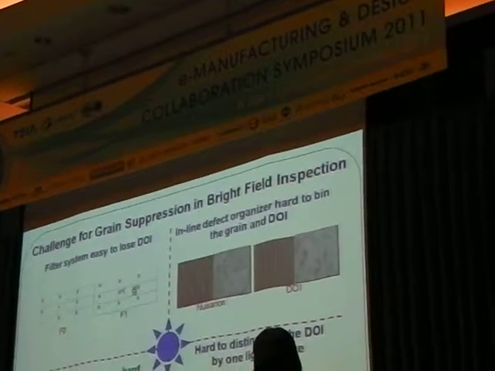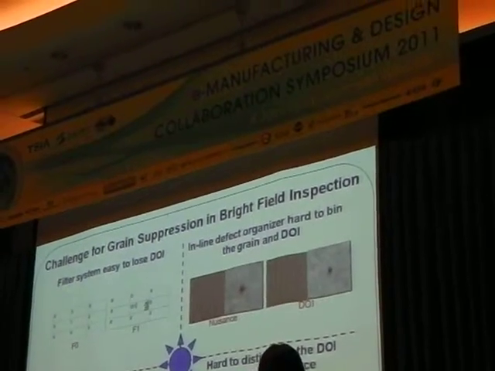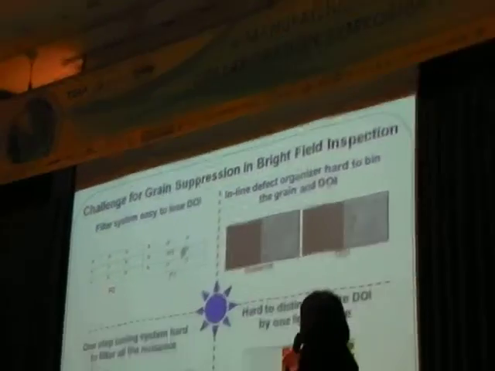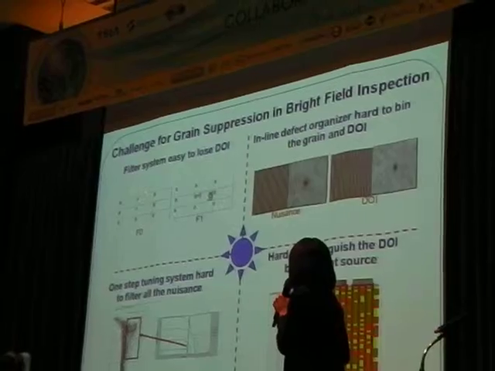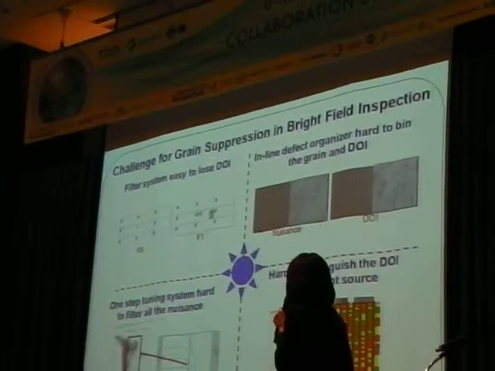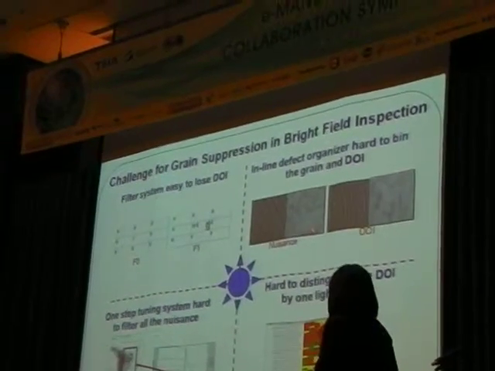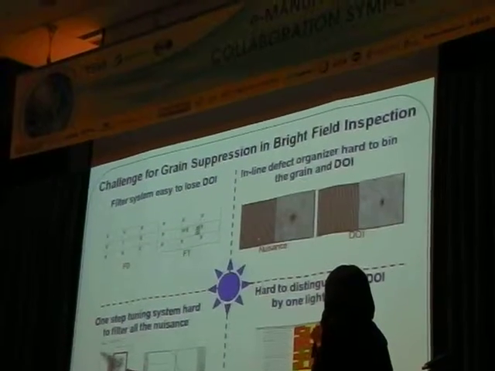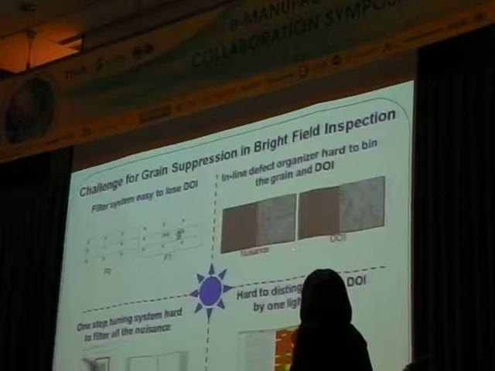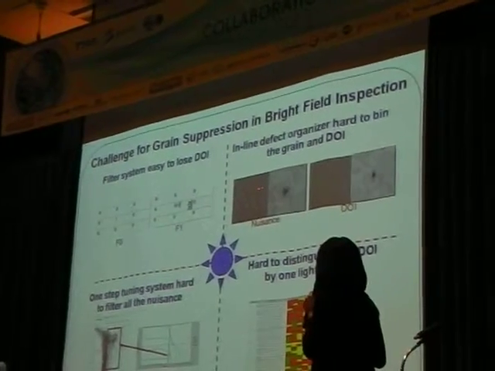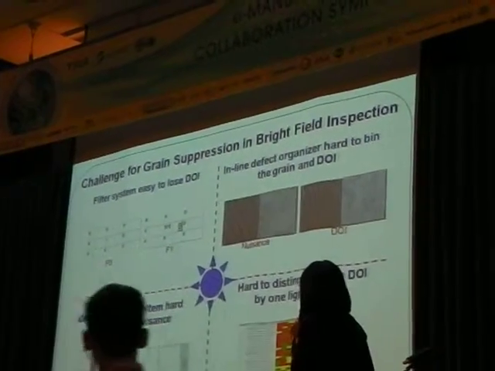And next we will see the challenge for ground separation in wide field inspection. We can use the filter system to filter the nuisance, but we will lose the DOI. And from this example, we can see a nuisance and DOI have the same patch image, and it is not easy to filter on the inline defect organizer.